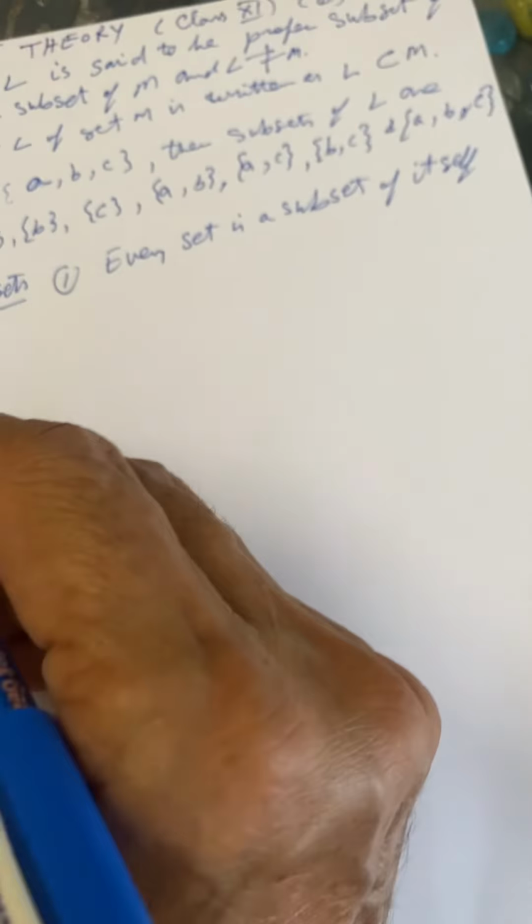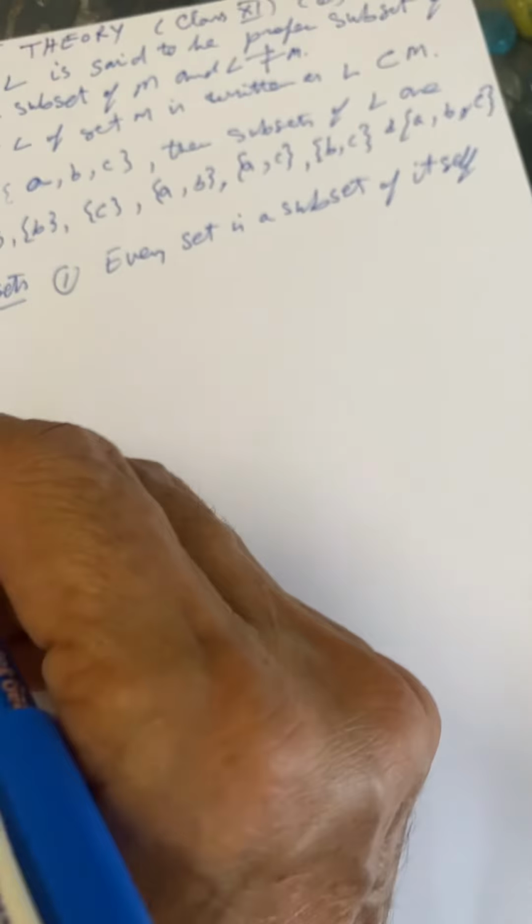Which gives Z belonging to S will give you Z belonging to S, which gives S is a subset of S.